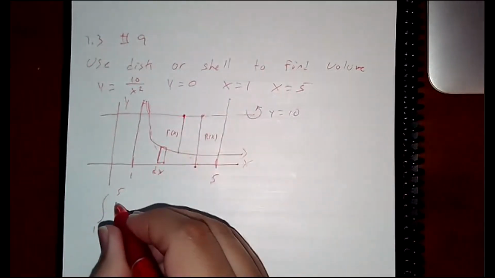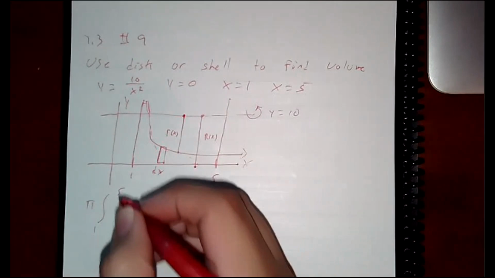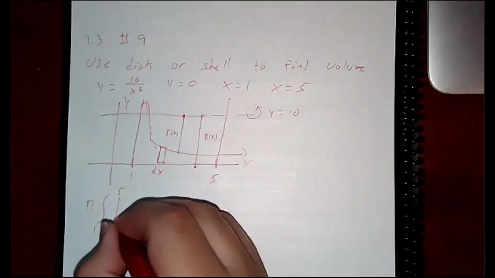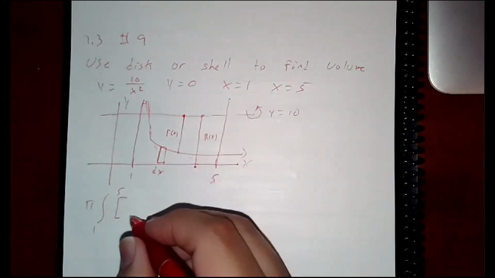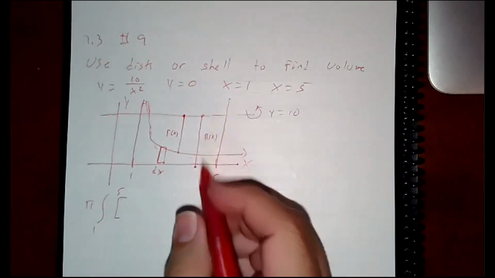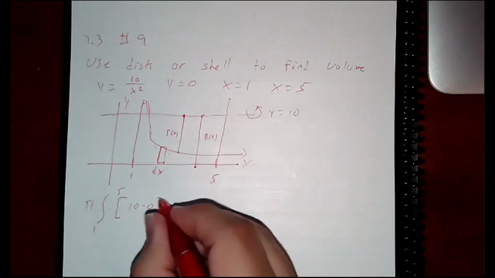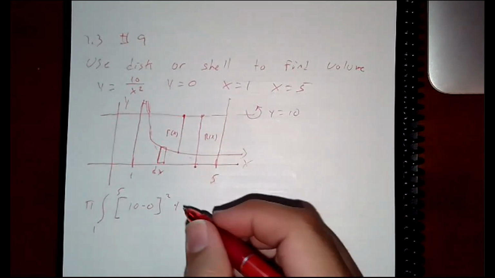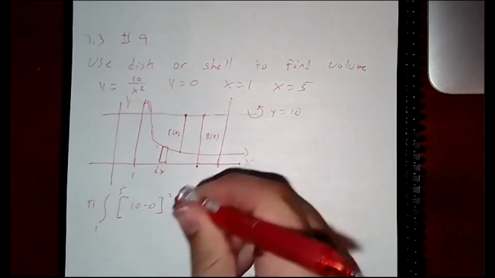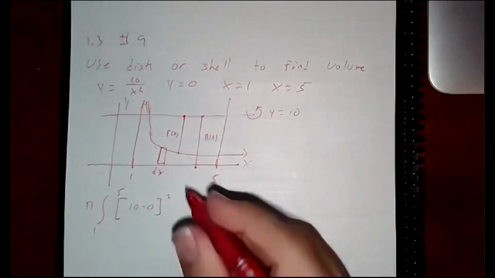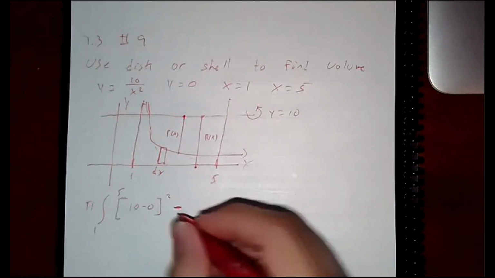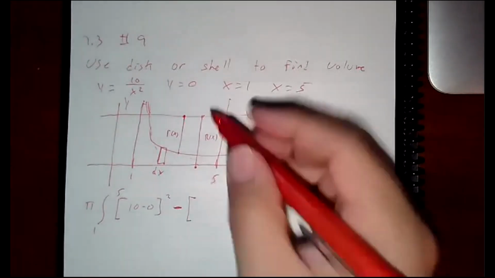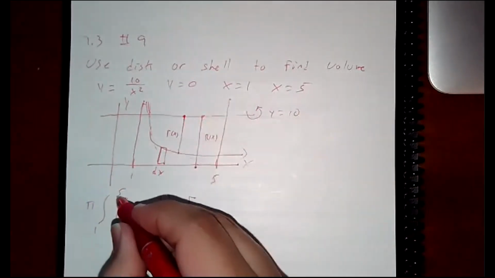So the formula for washer would be the outer radius, 10 minus 0, squared. Did that. Minus, right? I think there's a minus to get rid of the hole, correct? Yeah, it's a minus.